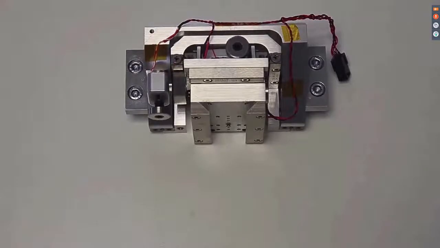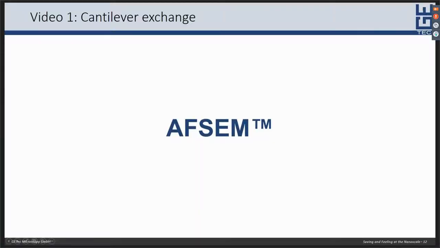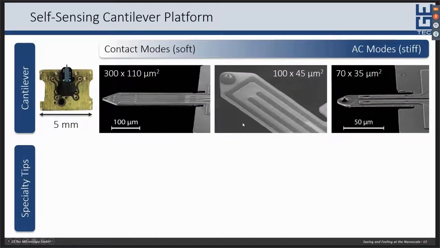Be aware before pumping down the SEM that, of course, the cantilever determines which AFM modes can be used and thus which sample properties can be measured. For the AFSEM, a vast variety of self-sensing cantilevers is available.